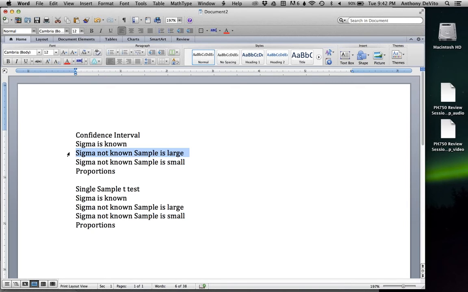Okay, 100 people, 200 people, 1,000 people. We actually do come across a lot of studies where the sample sizes are very large. In that situation, for our purposes, we may say to ourselves, even though we don't know what sigma is, because the sample size is large, we're going to allow the standard deviation of the sample to be approximately equal to the standard deviation of the population.